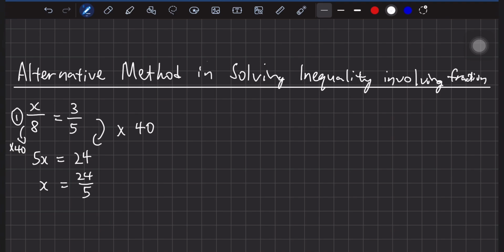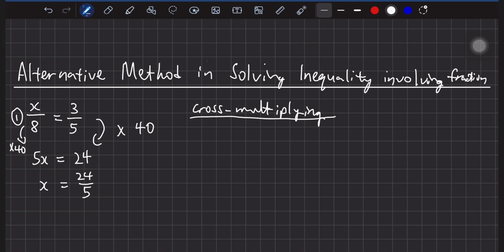And some of you, if your elder siblings have taught you, they will use this word, what they call cross multiplying. Take note, there is no real meaning to this cross multiplying.